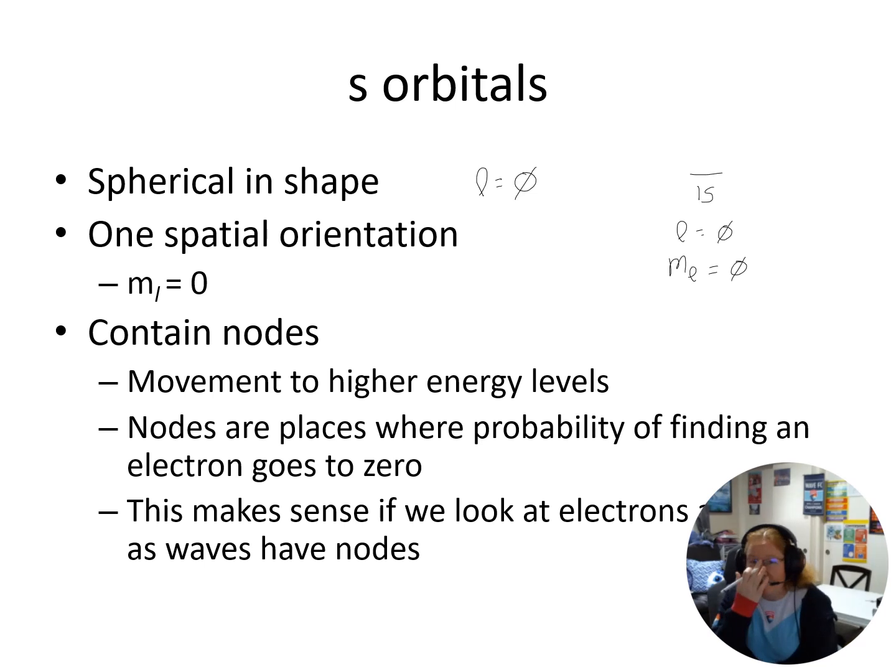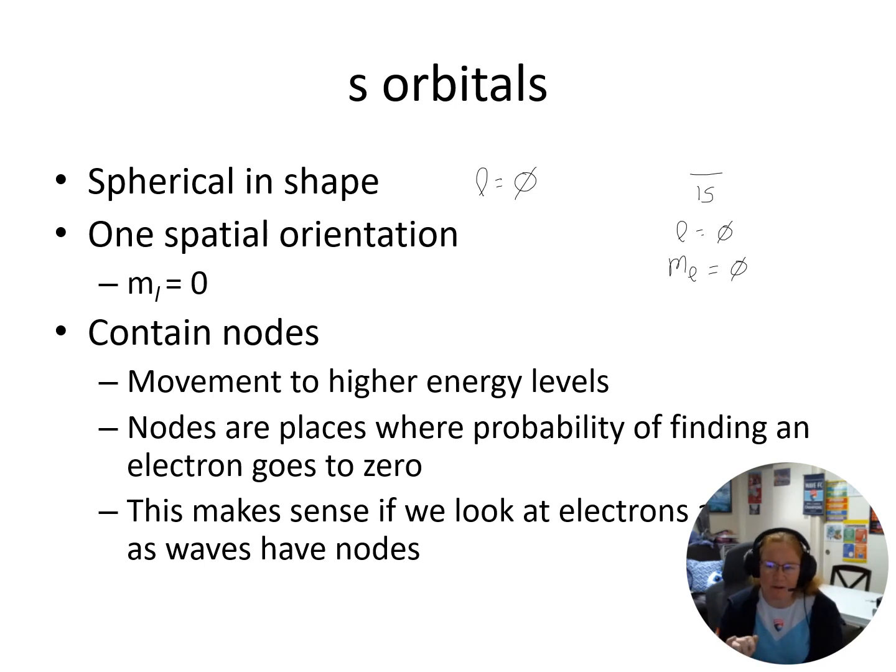Now, here's the thing about our orbitals. They contain nodes. Remember, electrons are not orbiting the nucleus; they are bouncing around. So we can get probability density maps that give us the probability of finding an electron in the atom.